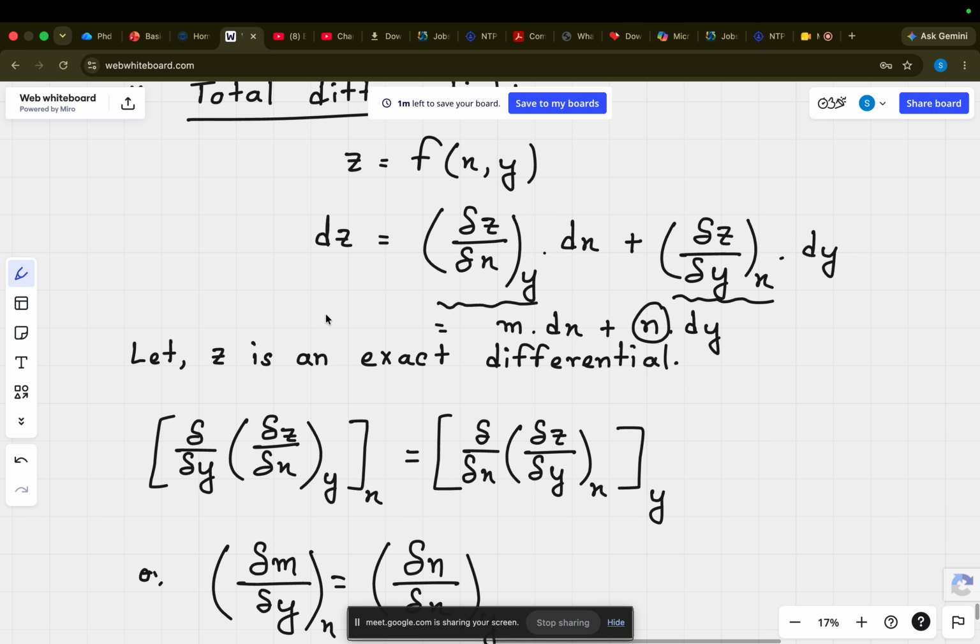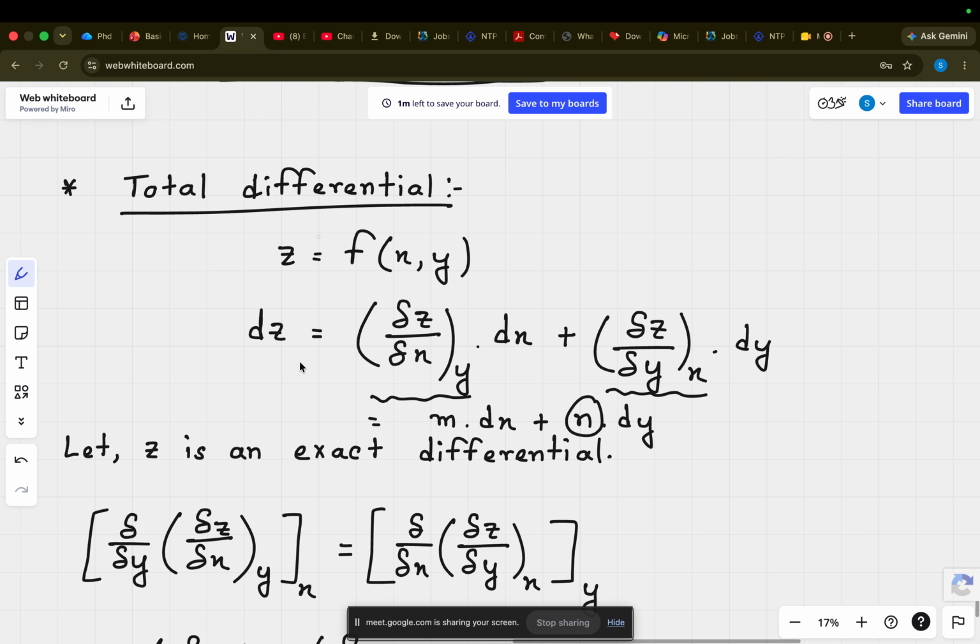And if I am mentioning the total differential, suppose z is a function of x and y, so dz is equal to del z by del x at constant y into dx plus del z by del y at constant x into dy.